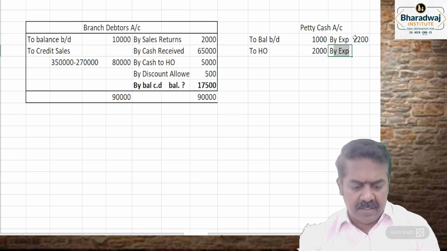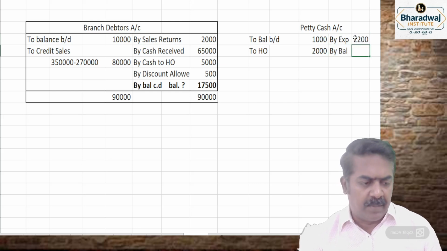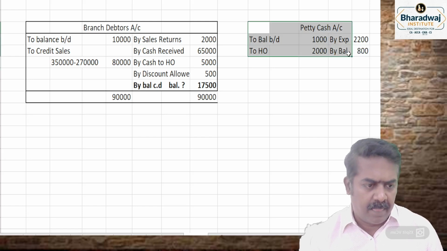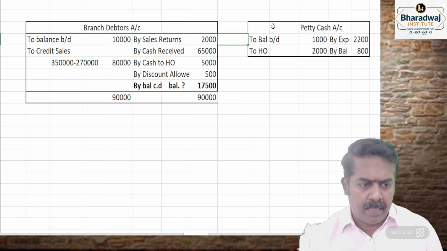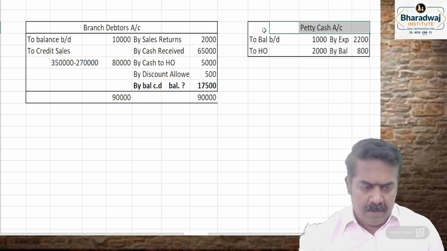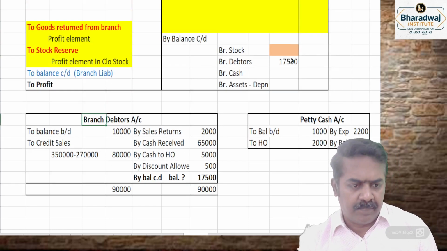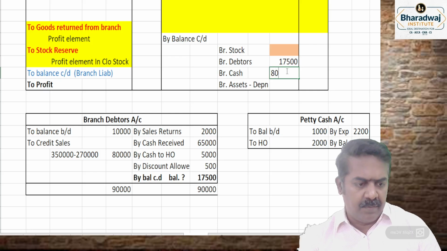Then by balance carried down, the balancing figure is 800. So the closing balance of petty cash also we worked out.